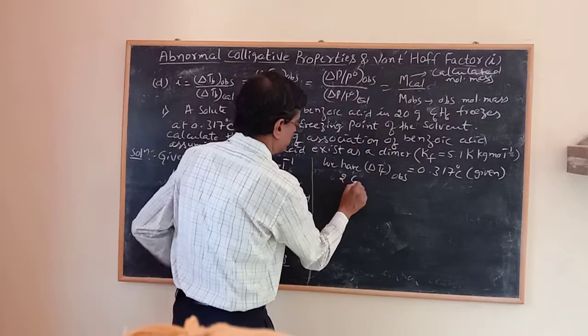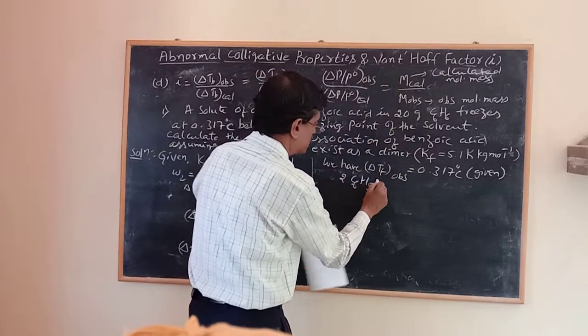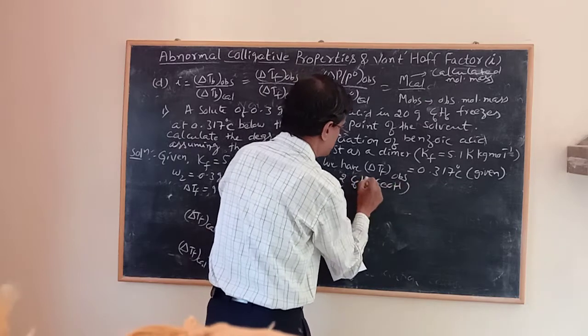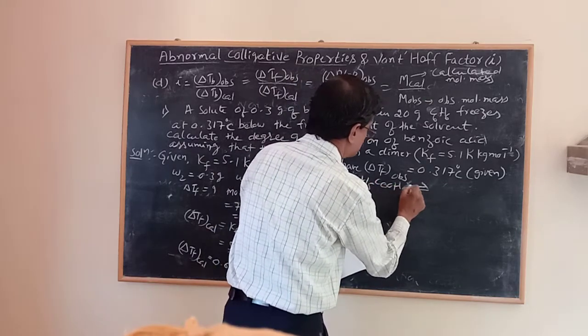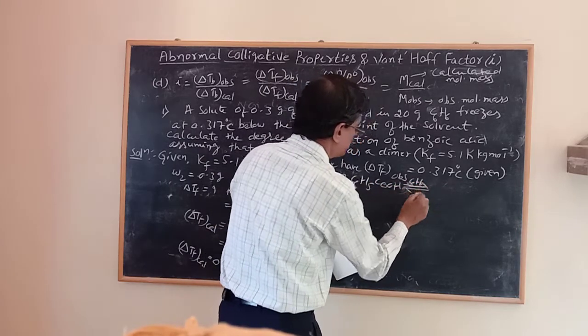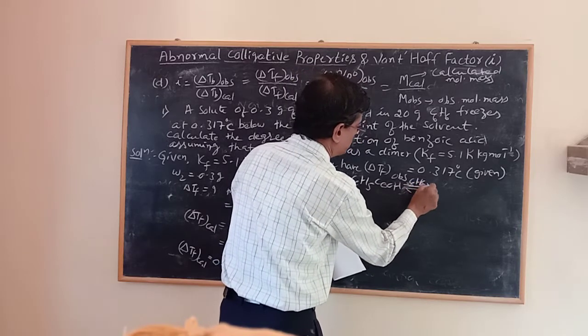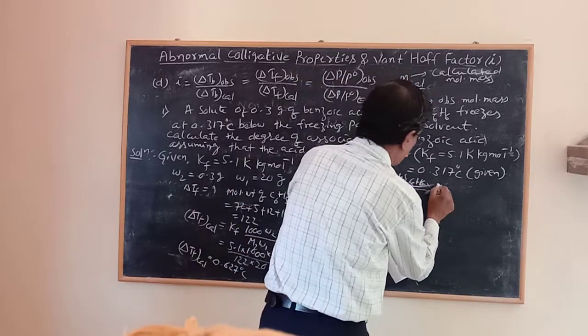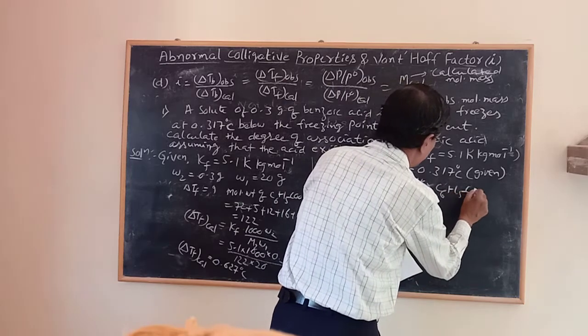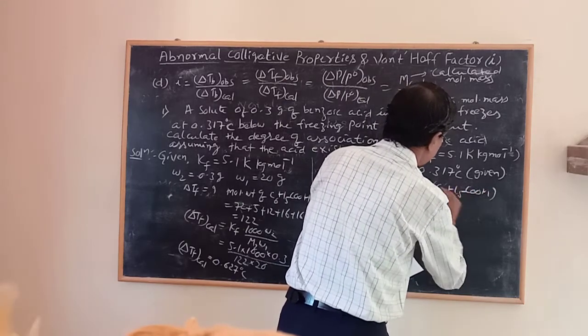So the reaction is dimerization. C6H5COOH dimerizes in the presence of benzene to give (C6H5COOH)2.